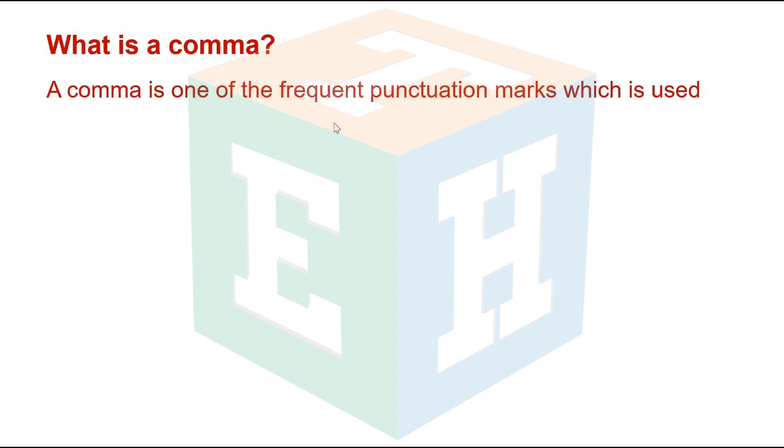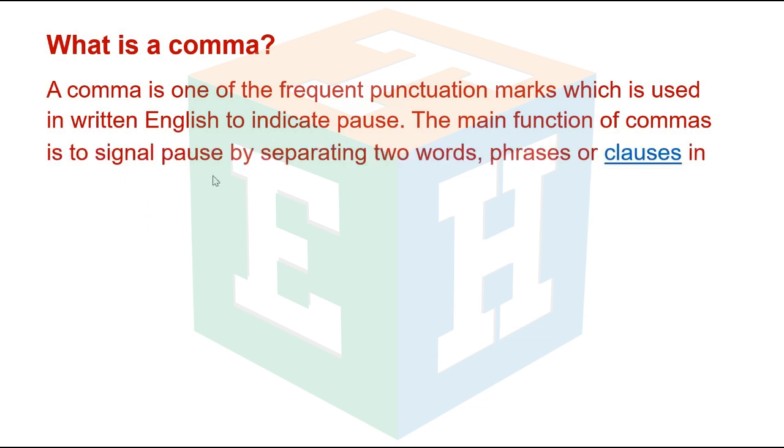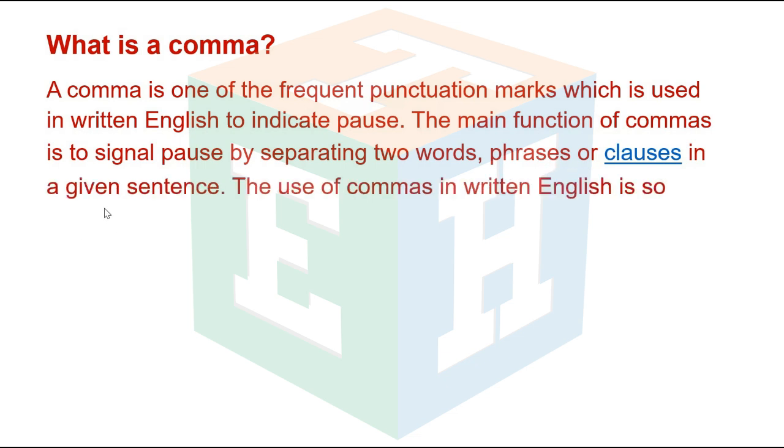A comma is one of the frequent punctuation marks which is used in written English to indicate pause. The main function of commas is to signal pause by separating two words, phrases, or clauses in a given sentence.